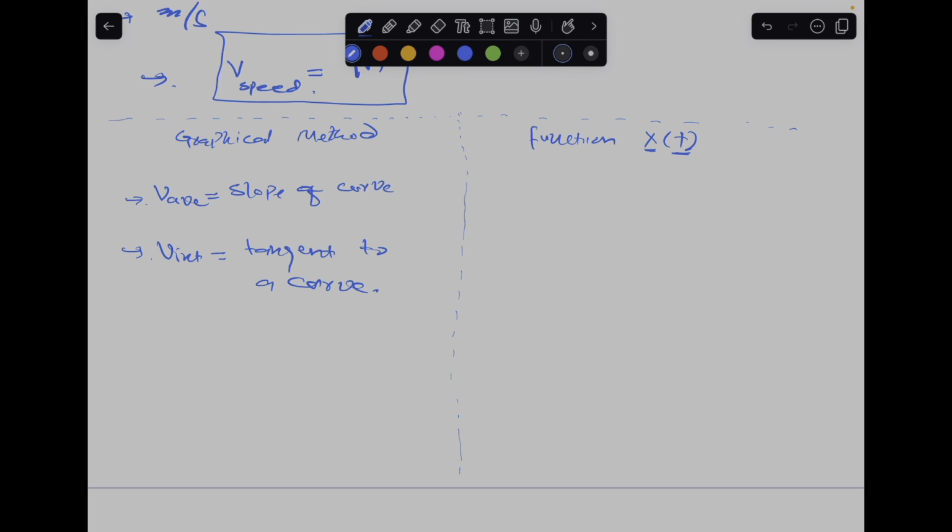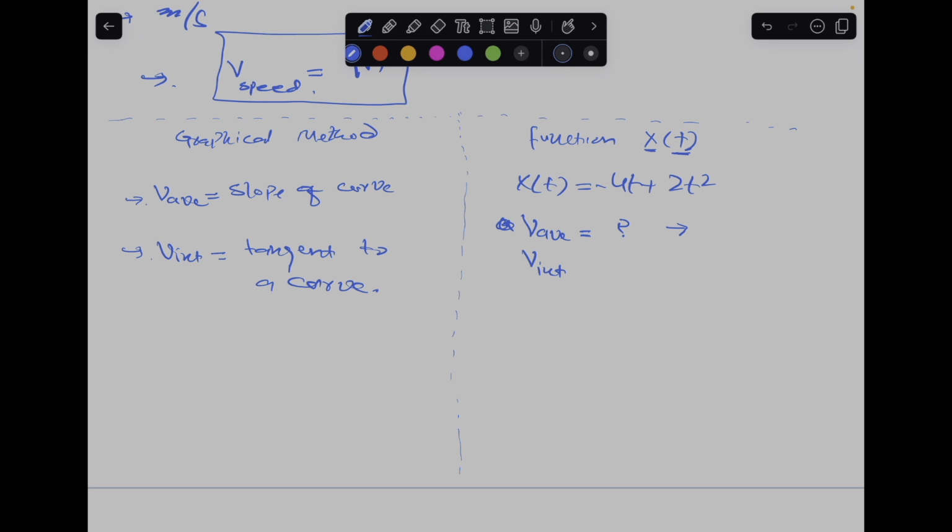But if we are given a function, like this function, x of t is minus 4t plus 2t square. We wanted to find the average velocity, v average, and we wanted to find v instantaneous. Whenever you want to find the average velocity, remember that it should be an interval.